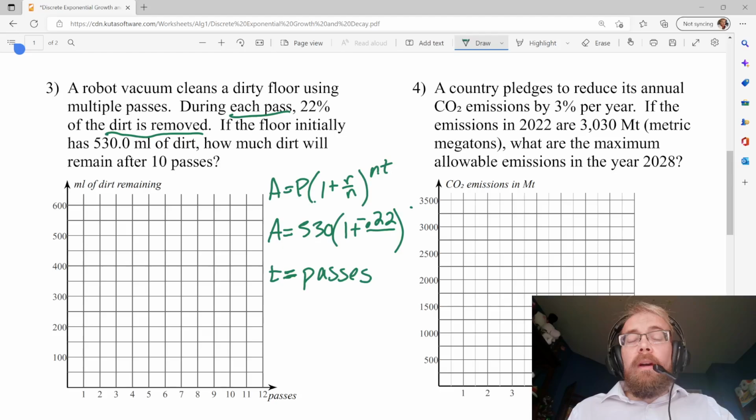We don't know what rate it's removing the dirt at, which would be like a static number, basically. But we only know that once it's done a pass, 22% of the dirt is removed. So n then is the number of times compounded in a pass, which is just 1. So it's just 1 still.